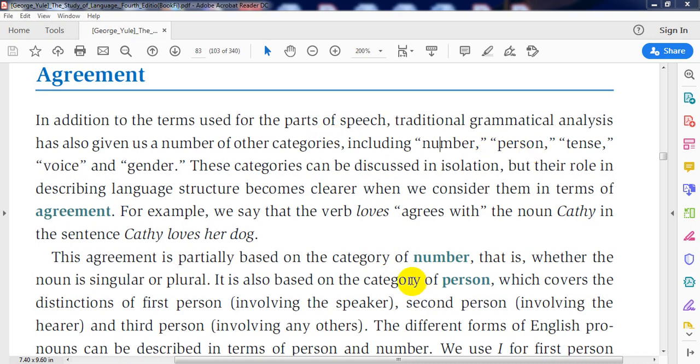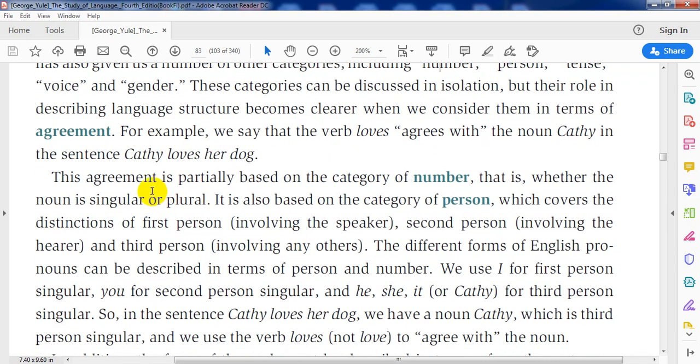In person, we will see what's meant by person. You have singular or plural. This is agreement in number.